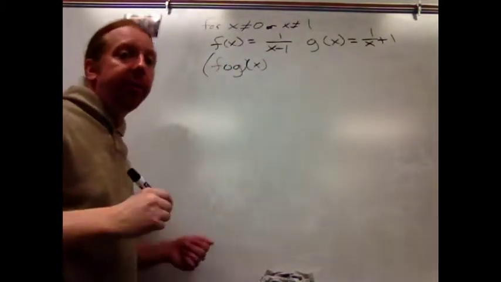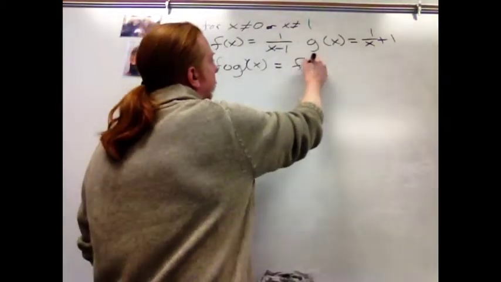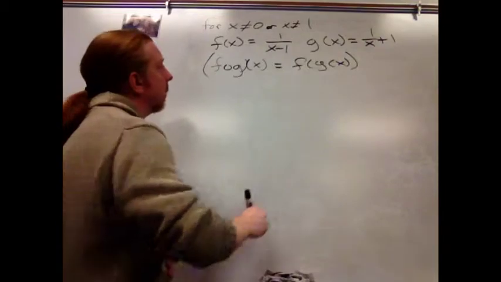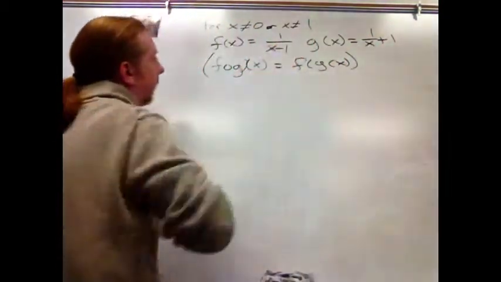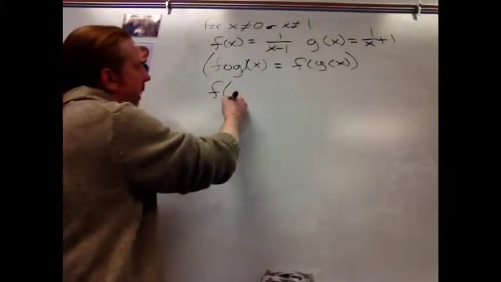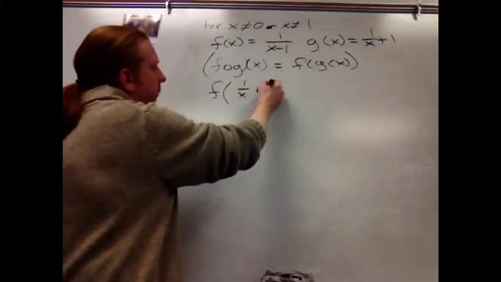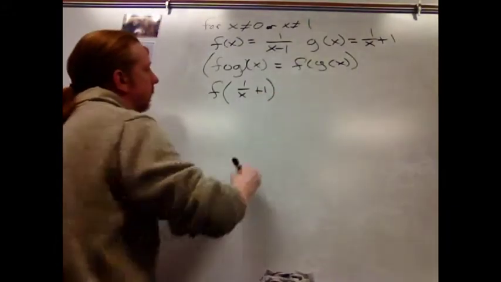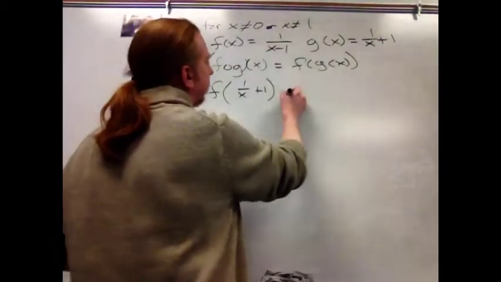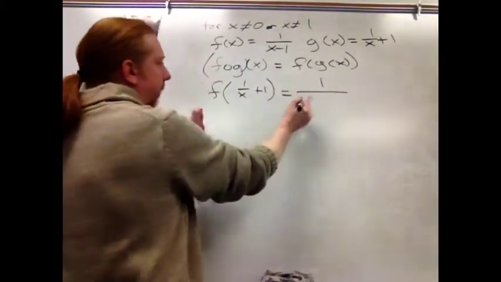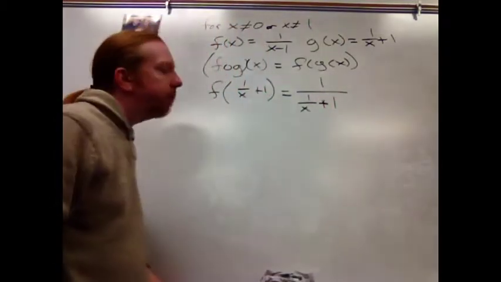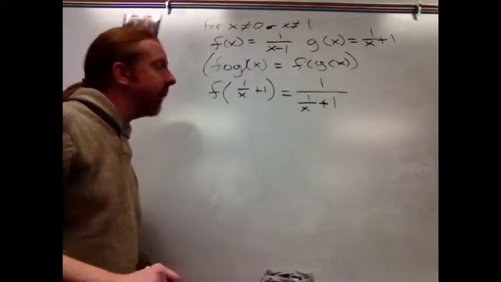The composition of those two, which remember, means I put the g inside the f. So I'm going to take this and plug it in here. So I'm going to say, let's do f of 1 over x plus 1, and then see where I get. So this goes in here. I have 1 over this, 1 over x plus 1. Well, now I need to do a little bit of simplifying.